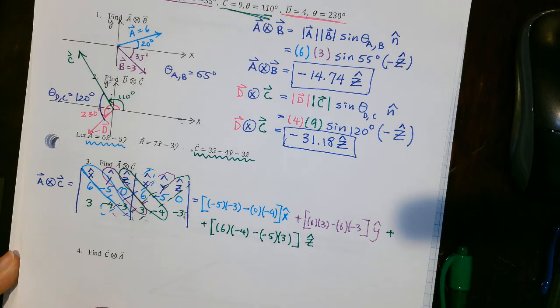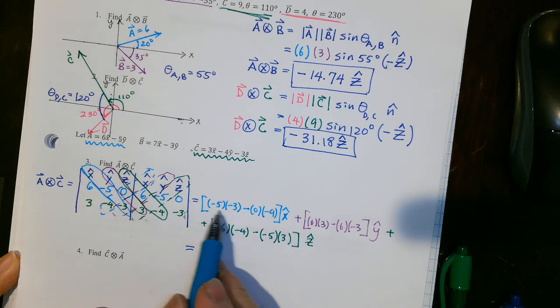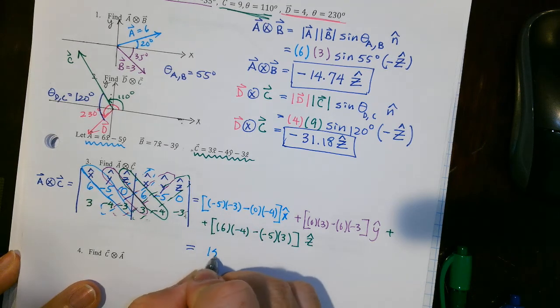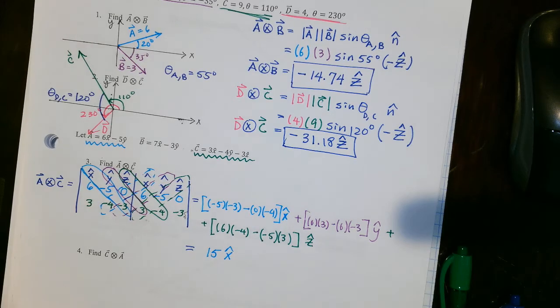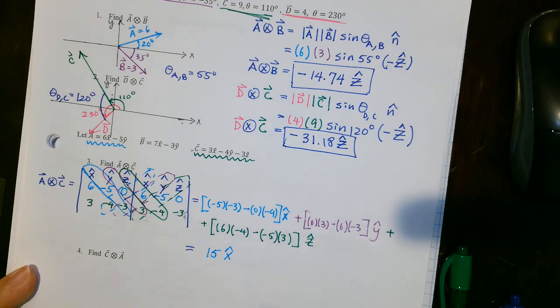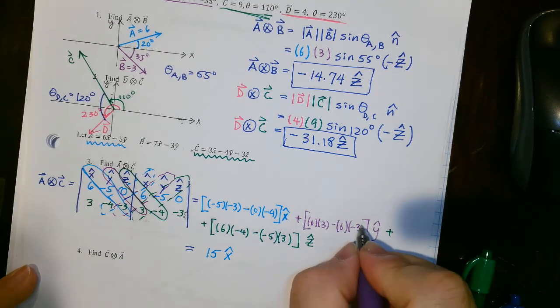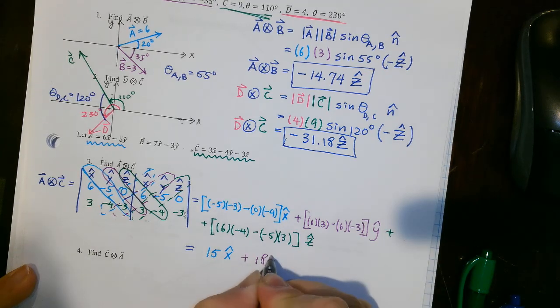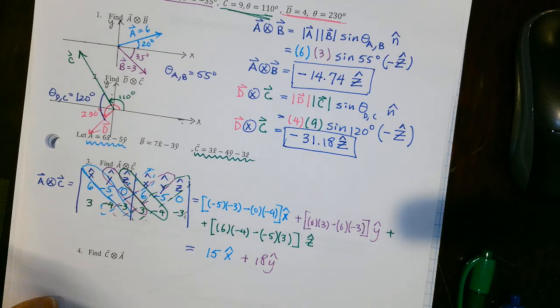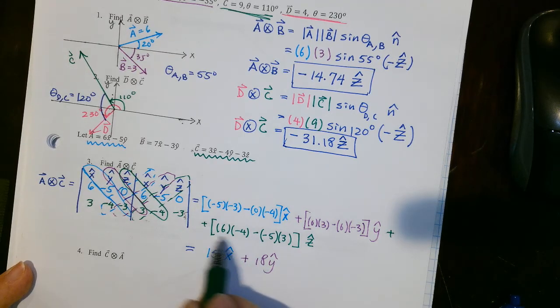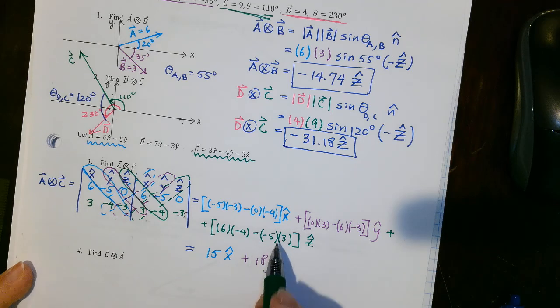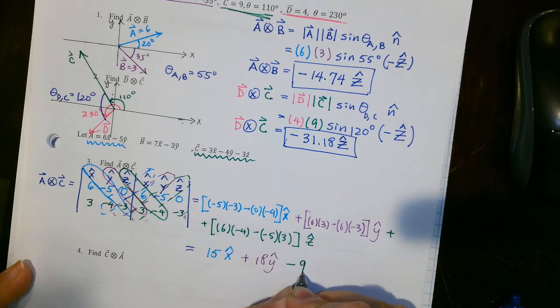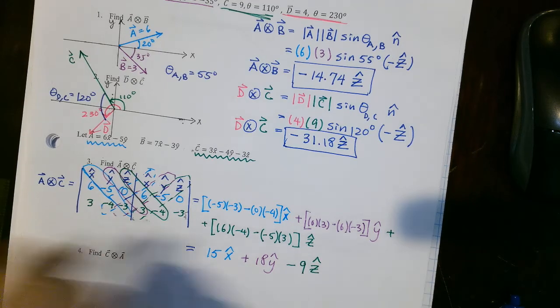So if you work this thing out, you're going to get 15 minus 0, you get 15 x hat. Here you get 0 minus negative 18, so you're going to get positive 18, right? And then when you work this out, you're going to get negative 24 plus 15, so you're going to get negative 9 z hat as your answer.